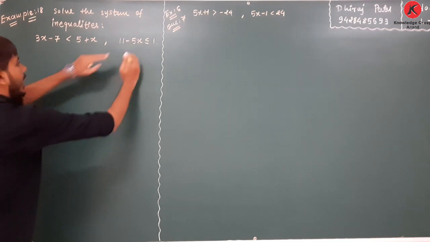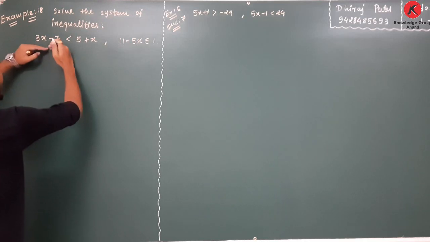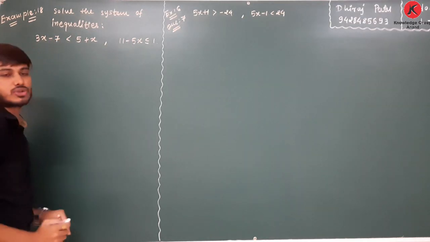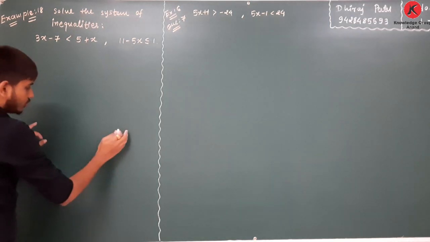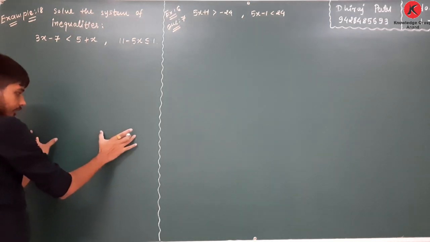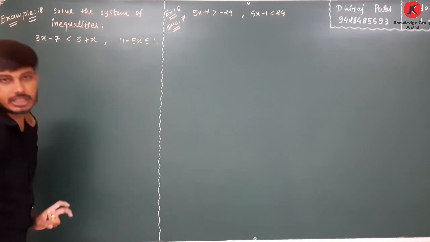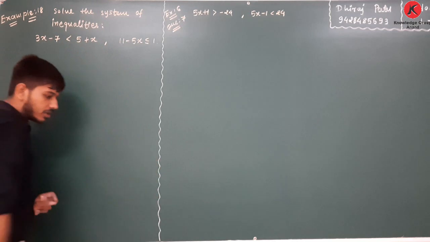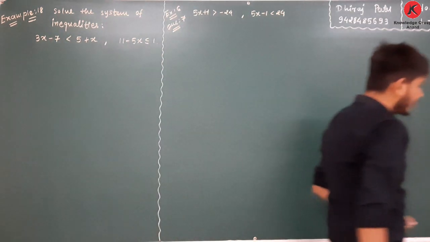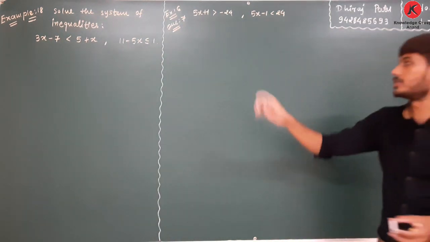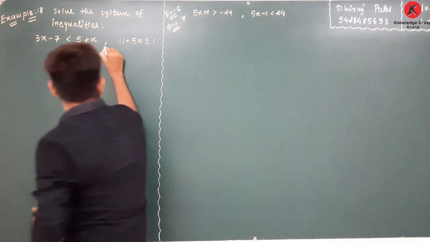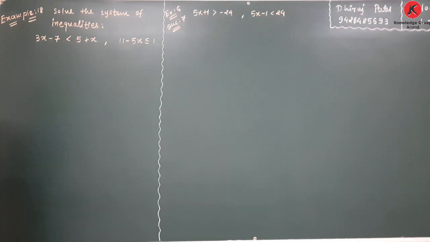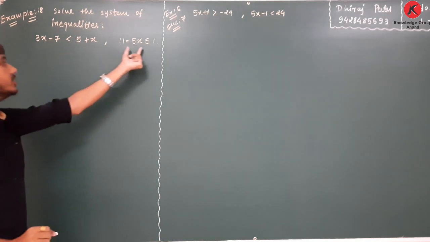First of all, we have to solve this inequality as well as this inequality, and then take the intersection of those two inequalities. The comma symbol represents and. It represents a and b. And means intersection, this and this.